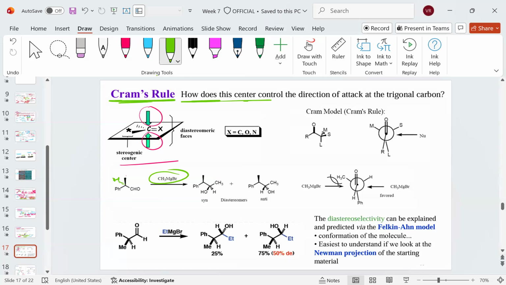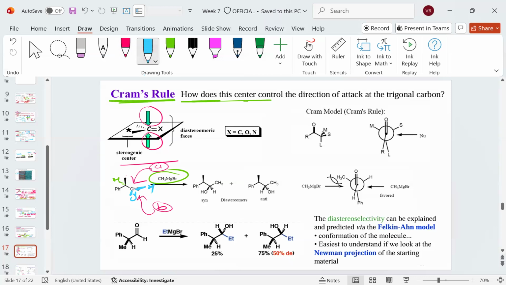Now, when we are doing the Grignard addition reaction across this carbonyl center, this CHO, what happens? The attack takes place, so I will just draw this. If the attack takes place from the top side, I gave that as attack possibility A, or the attack takes place from the bottom side, which is possibility B. There are two possibilities of attack, either top side or bottom side.